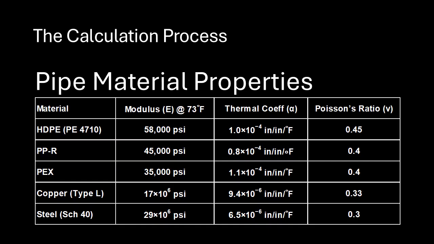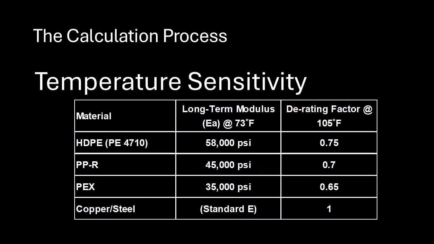Therefore, conventional hydronic industry practices are not appropriate. GeoDesignPro automatically applies temperature derating factors. Since HDPE's stiffness can drop by 25% or more when moving from 73 degrees Fahrenheit to 105 degrees Fahrenheit, our algorithm recalculates the system's net volumetric capacity at every degree.